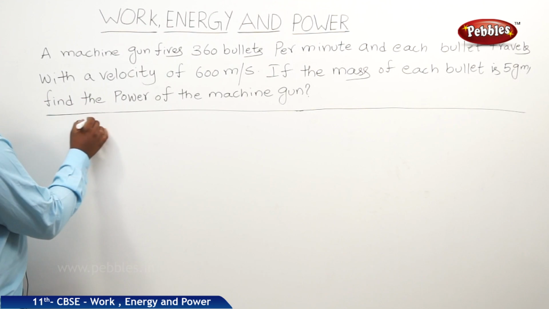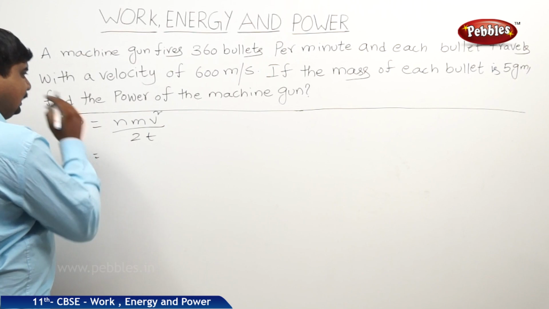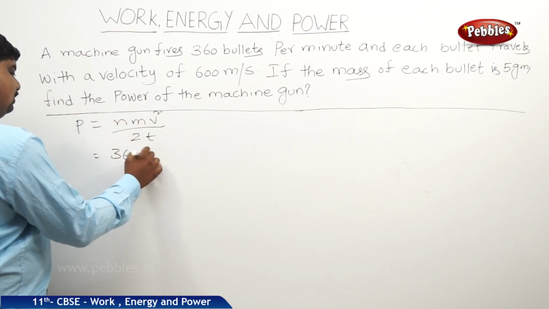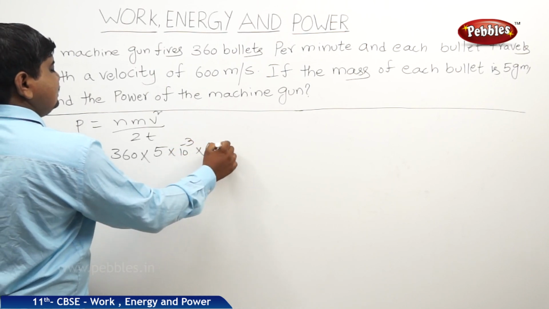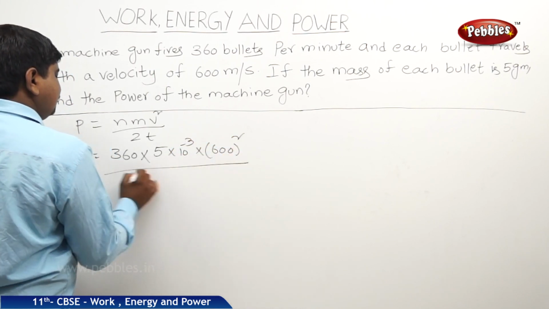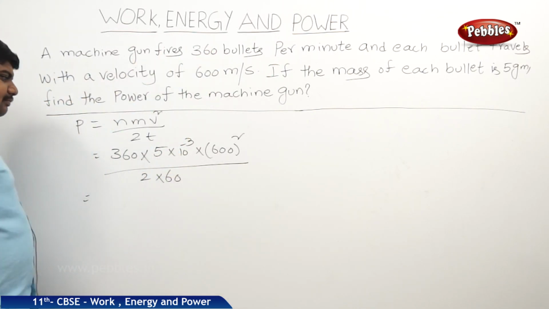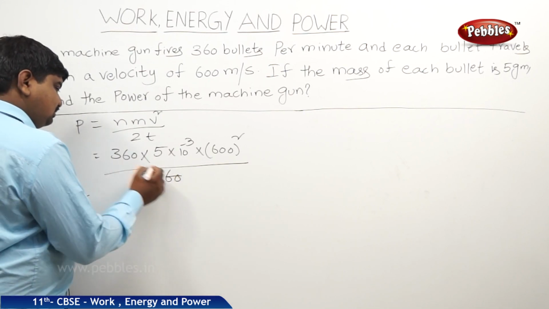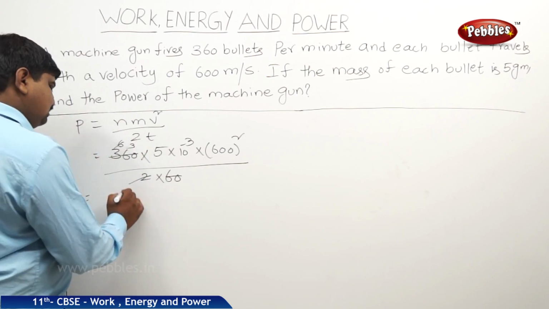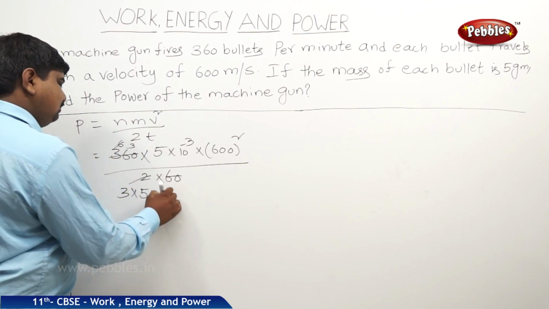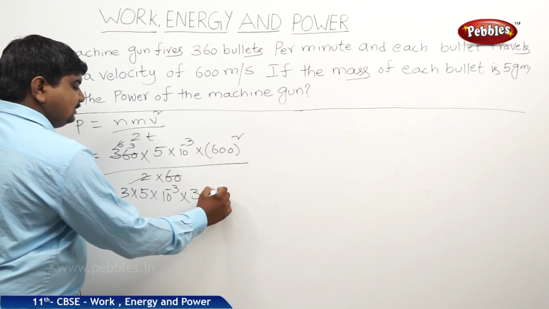So the power is nmv square by 2T. Here n is 360 bullets, m is 5 into 10 to the power of minus 3 kg, v is 600 whole square, by 2 into time, per minute means 60 seconds. So 360 by 60 is 6, and 6 by 2 is 3. So 3 into 5 into 10 to the power of minus 3 into 6, 6 are 36.